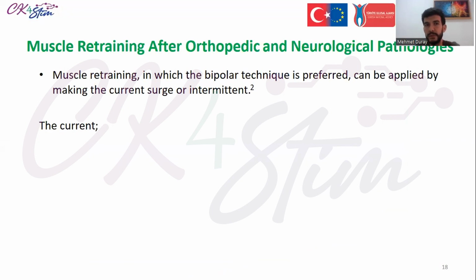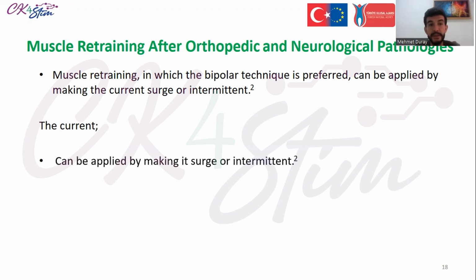We can use high voltage pulse galvanic stimulation in muscle training after orthopedic or neurological pathologies. For muscle training, it can be applied with the bipolar technique, making the current surge or intermittent.